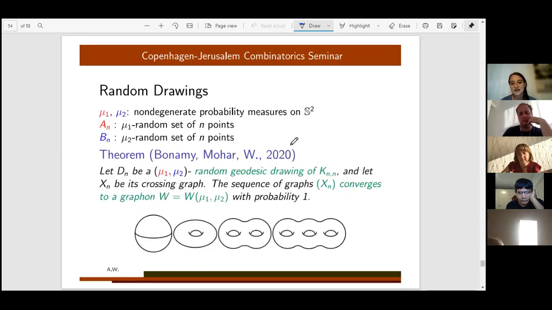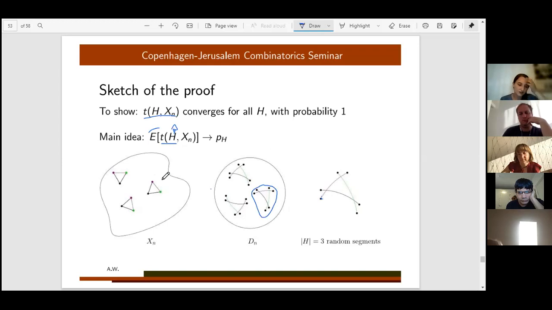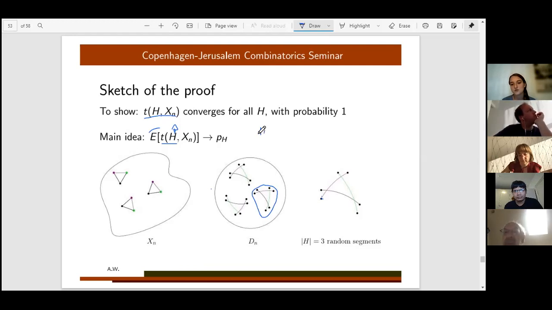And what is nice is that this is connected to what is called Sylvester's 4-point probability. If we ask for H to just be an edge in the crossing graph, which is a crossing in the drawing, then this pH would be the Sylvester's 4-point probability on the sphere.